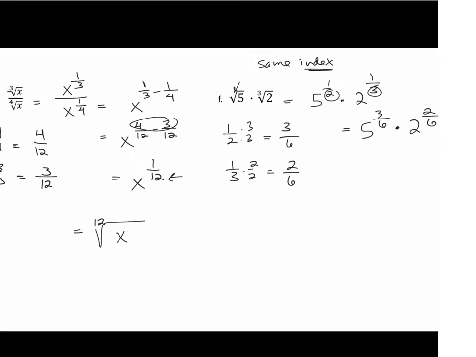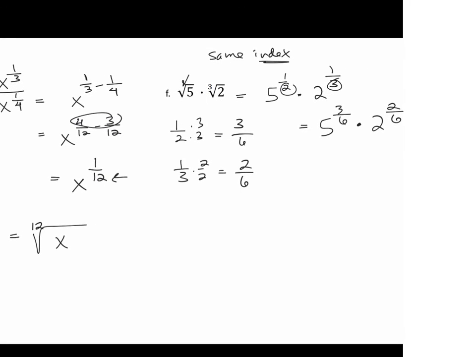Okay. Now that they have the same denominator, let me write that as a product to that power 1/6 because that's what I want, right? So then everything else stays the same. 5 to the 3rd times 2 to the 2nd. And I can actually multiply those together.